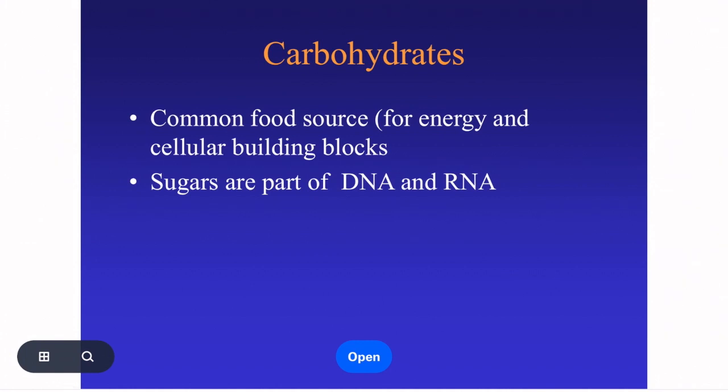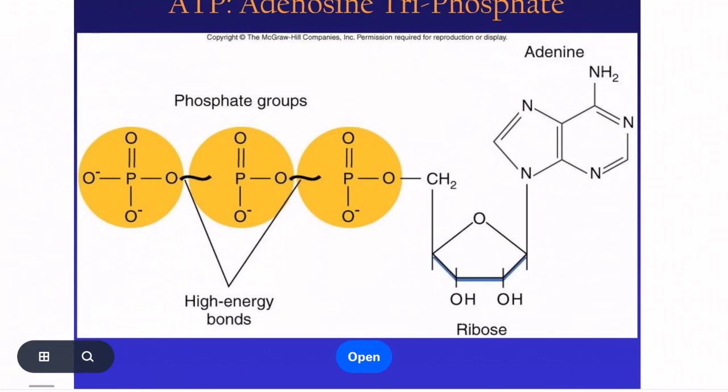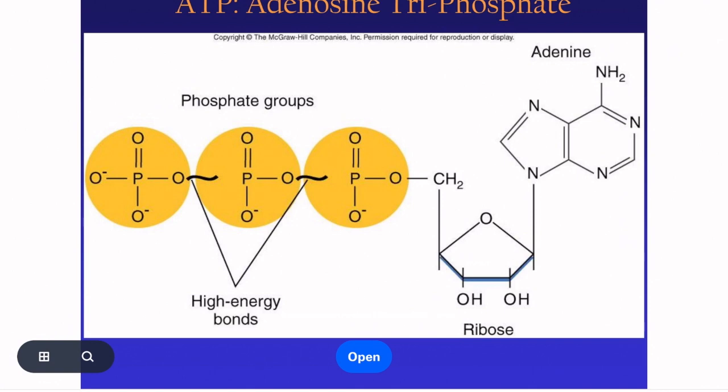But more than that, sugars, which are carbohydrates, are also a part of DNA molecules, part of RNA molecules, and I would add it's also part of the adenosine triphosphate molecule. You saw that ribose that was back there. Look at that right there, ribose. I'm not going to circle that because I don't want to have to take another screenshot, because we already saw where the word ribose is there. It's this ring structure down here with these two OH groups hanging off the bottom.